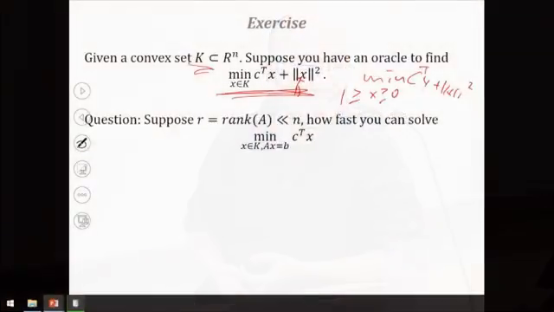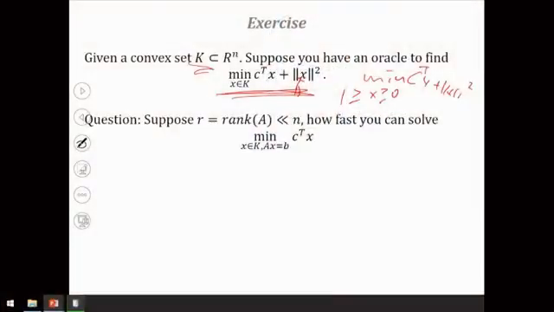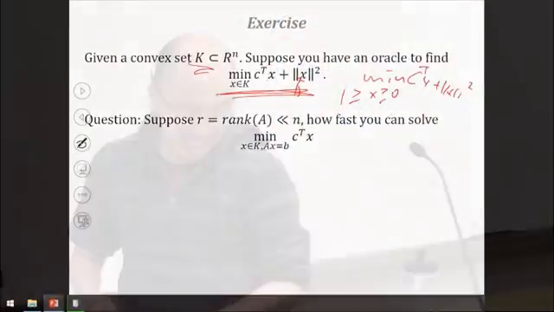Now I have an exercise. Now consider this problem. Again, we have a convex set. The oracle is slightly different. You have an oracle to minimize a linear function plus epsilon. This is still an easy problem. For example, if the convex set is like this, it is still easy to solve because you have an explicit formula.